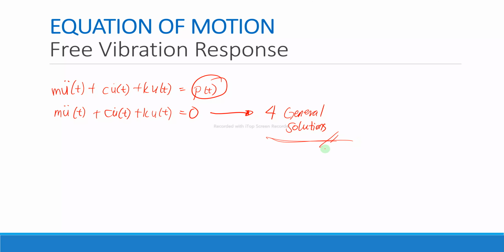Those four general solutions will be used in order to describe the motion of our one-story building. With that, we'll be able to describe its deformation and also its response velocity and probably its response acceleration.